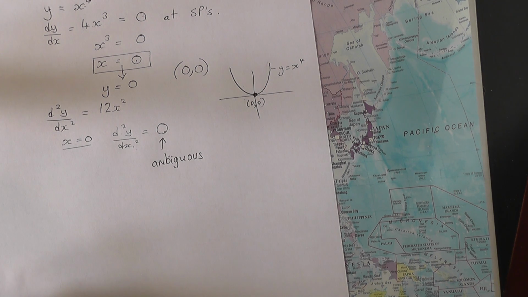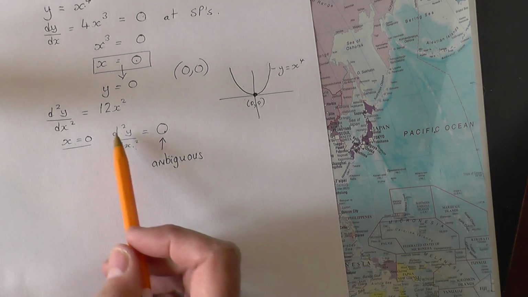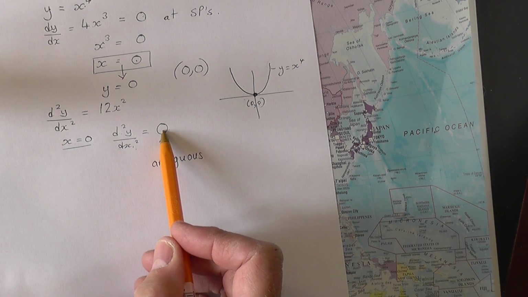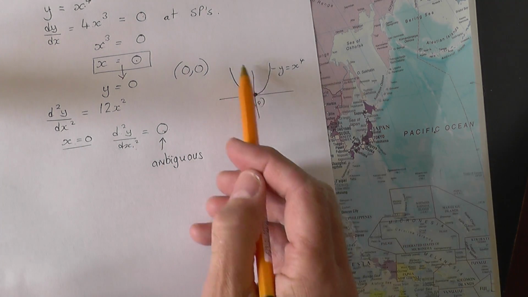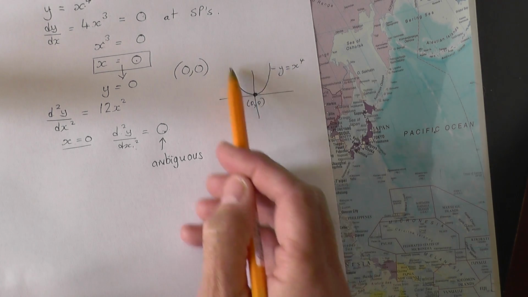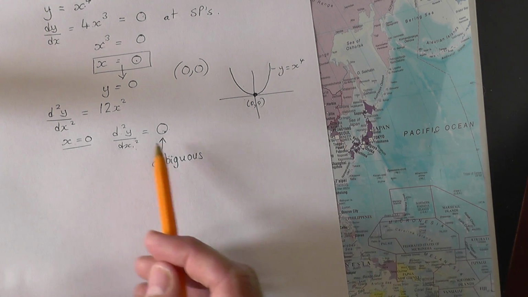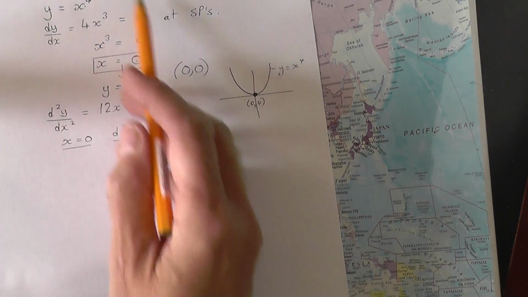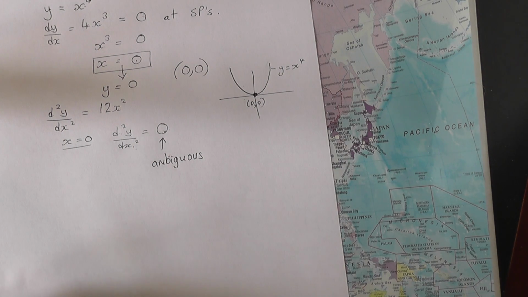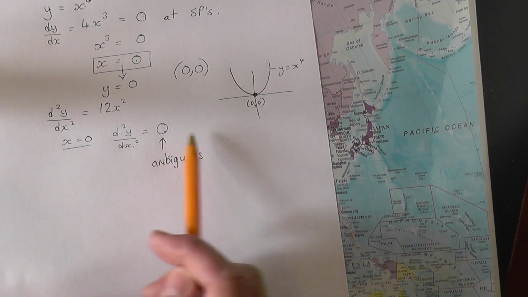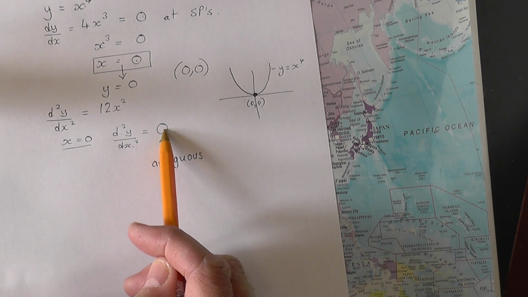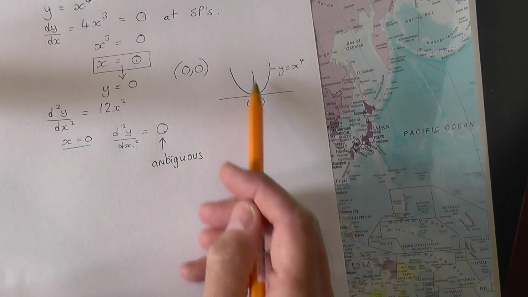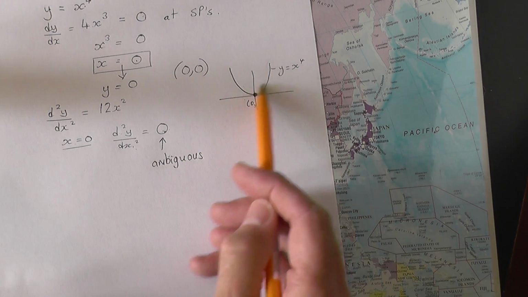And in the following video, I'll show you how we take a situation like this and we decide, is it a point of inflection, or is it indeed, as we've got here, a local max or a local min. And I don't want to make that into a really long-winded video, so I'm going to stop at that point and just show you the ambiguous nature of the second derivative being equal to naught. And in the following video, I'll show you how we get this to be a local minimum. Okay.